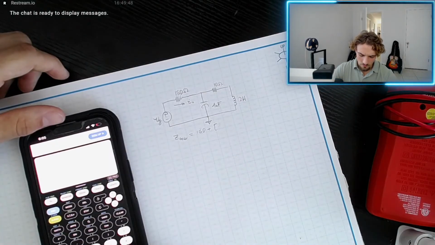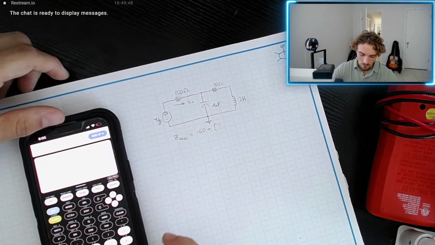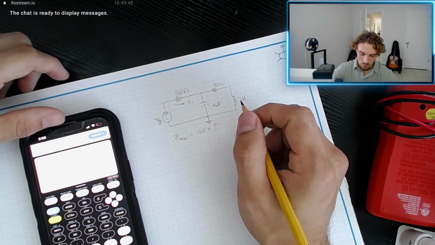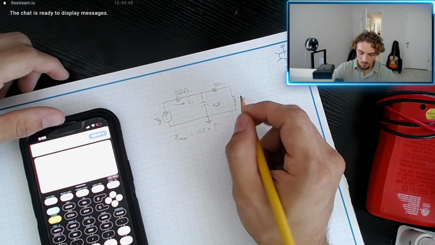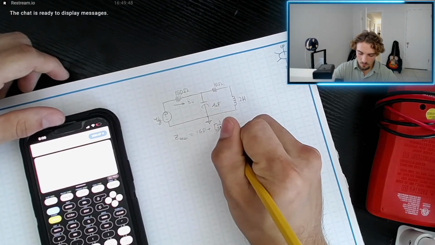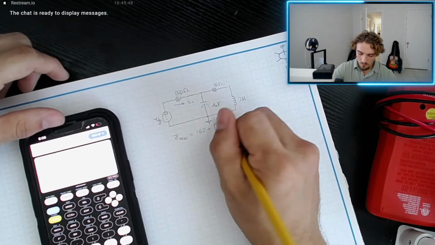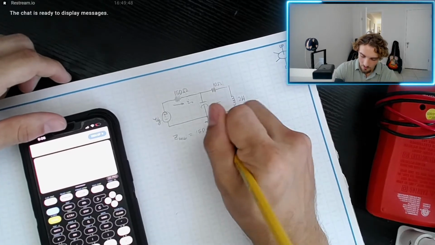So that would be 1 divided by 4 e negative 3, 250 over omega. We could do over positive J omega. And then, I'll write it all out.